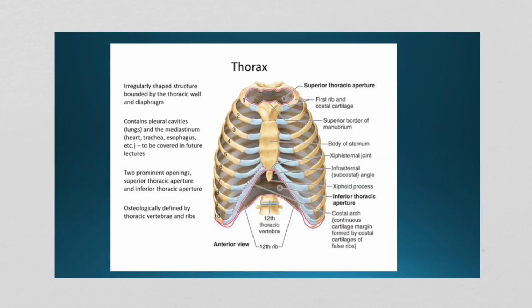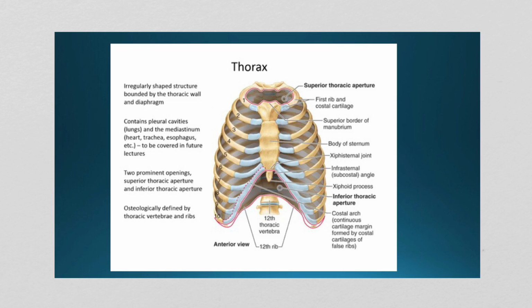The first step to understanding thorax anatomy is to find its boundaries or limits. Ultimately we have the thoracic cavity or the chest wall, which is the most anterior portion of the thoracic cavity. If we wanted to point to that, it would be all of these structures here, which make up the anterior component.